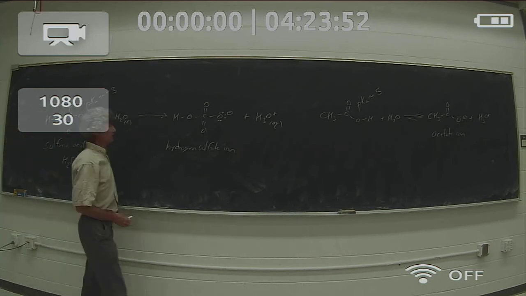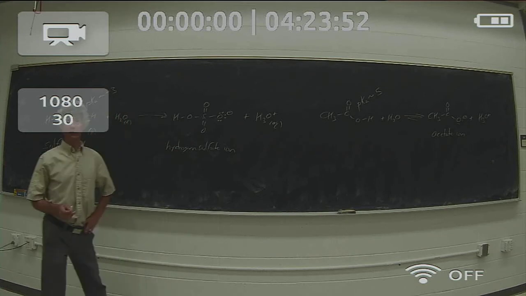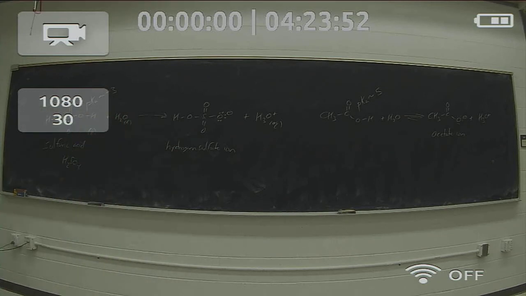And we know that the reason for that is the difference in stability between the hydrogen sulfate ion and the acetate ion. The hydrogen sulfate ion is more stable than the acetate ion.